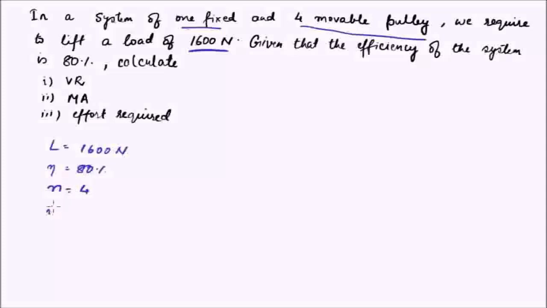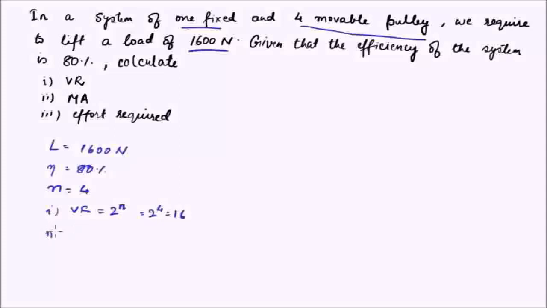So from the lecture we know that the velocity ratio for such a system is 2 to the power n, where n is the number of movable pulley. So the velocity ratio for our question at hand will be 2 to the power 4, which is 16. This means that the effort will have to move 16 times that of the load.